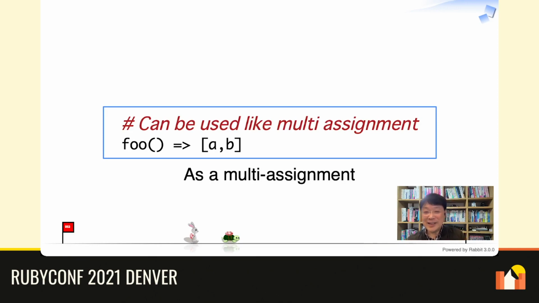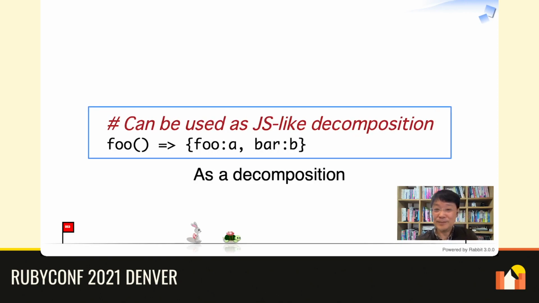If this pattern doesn't match, it raises an exception. It can be used like JavaScript destructuring: the value corresponding to the key foo is assigned to A, and the value for the key bar is assigned to B. This simple enhancement is pretty useful and convenient.